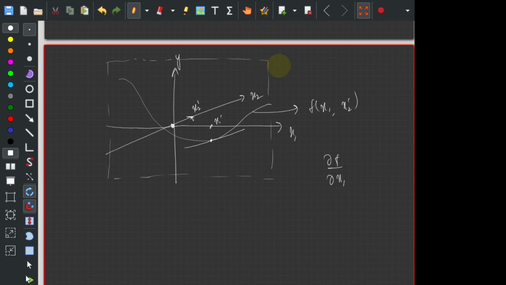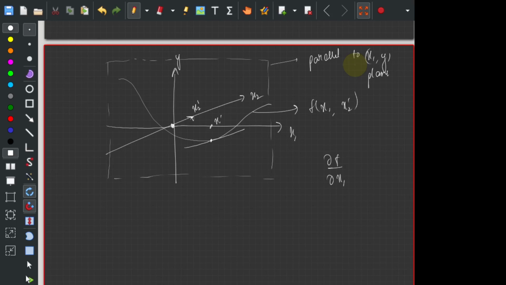It's on this particular plane, right? And this plane is parallel to the x1-y plane. Correct? So this cuts the x2 axis and is parallel to the x1-y plane.